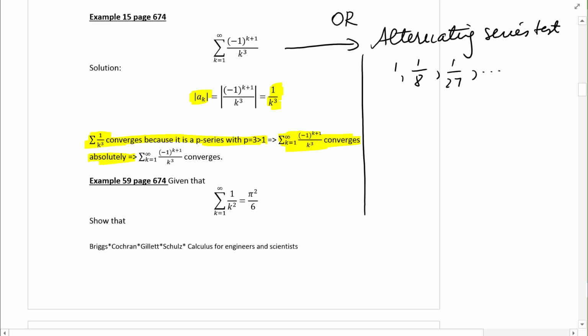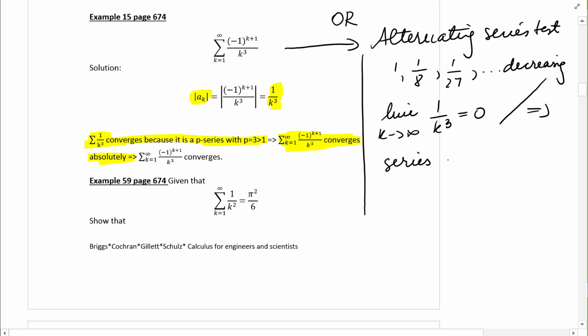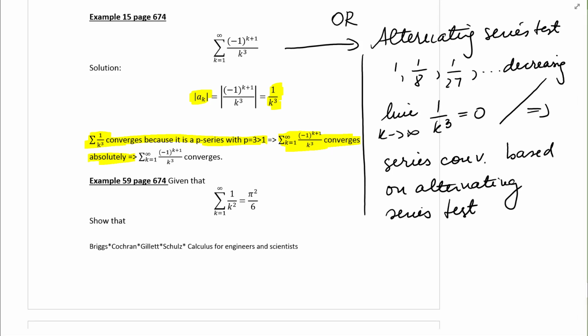And I can see that they are decreasing. And I can also say that the limit as k approaches infinity of 1 over k to the third equals 0. So decreasing, or non-increasing, and approaching 0 makes the series converge based on the alternating series test.